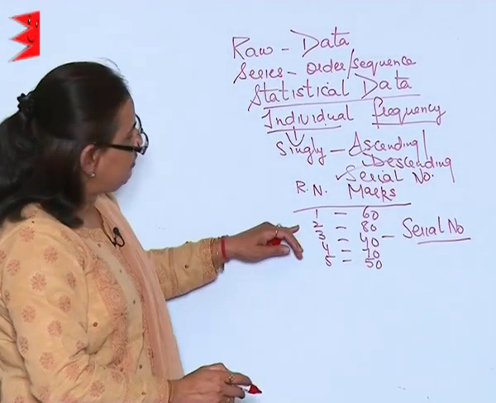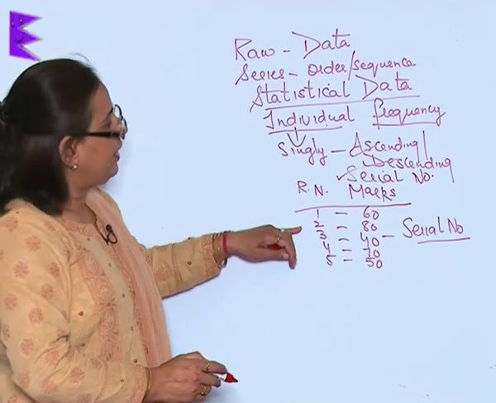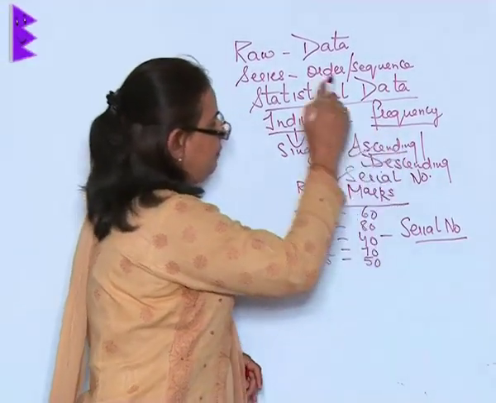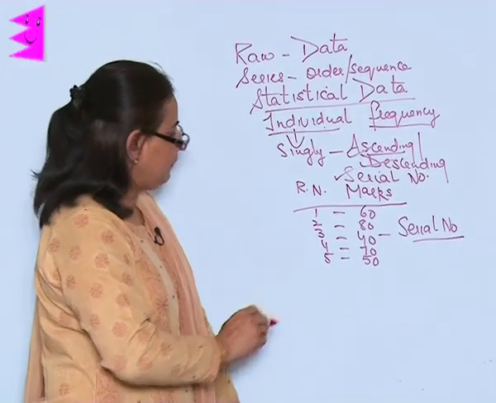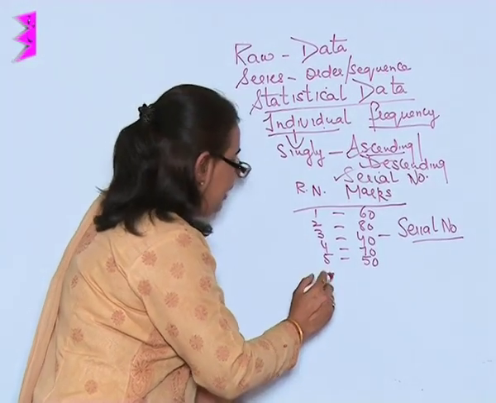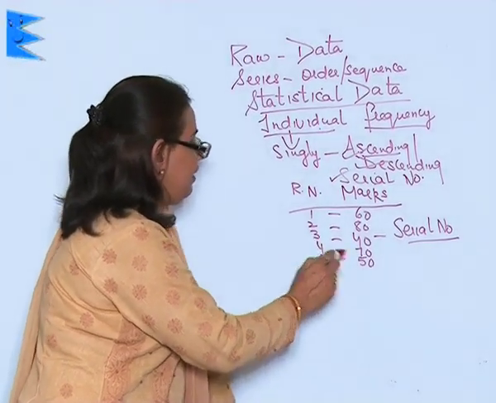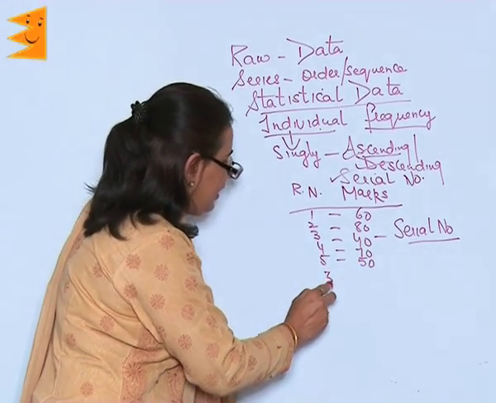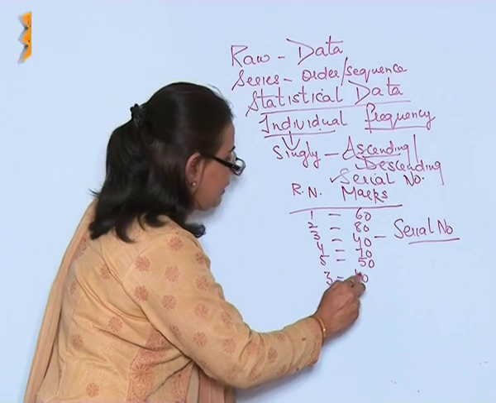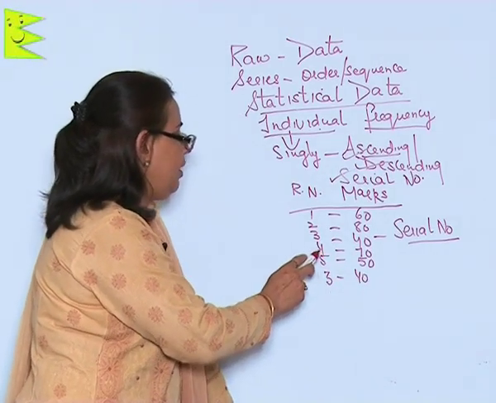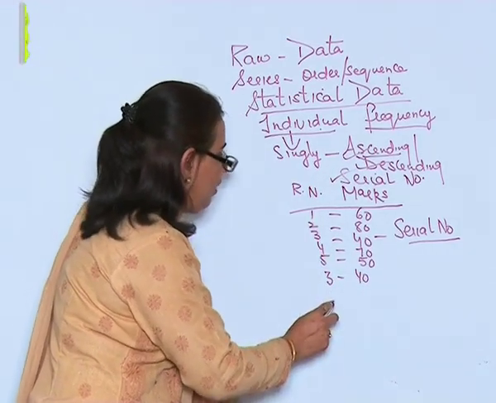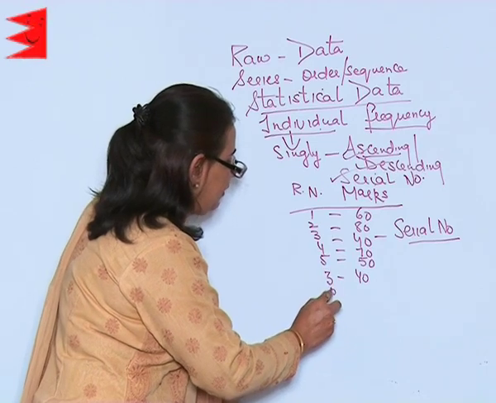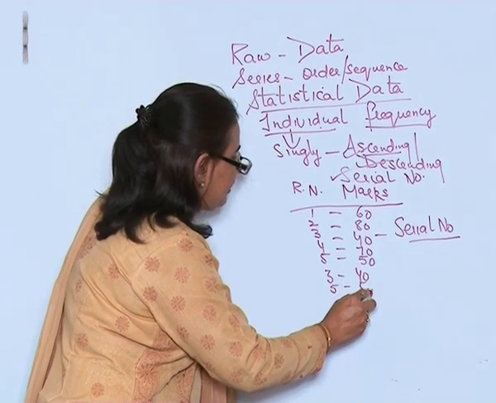Now, I will be converting this same data into ascending data. Ascending data will be, it is roll number, which is the least here, that we will be talking of. Roll number 3 has got 40 marks. Then roll number 5 has got 50 marks.